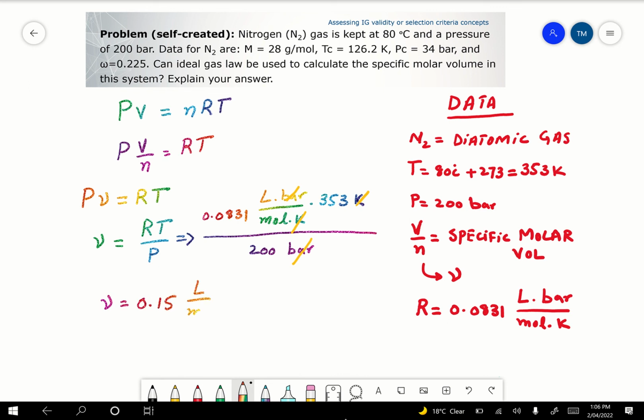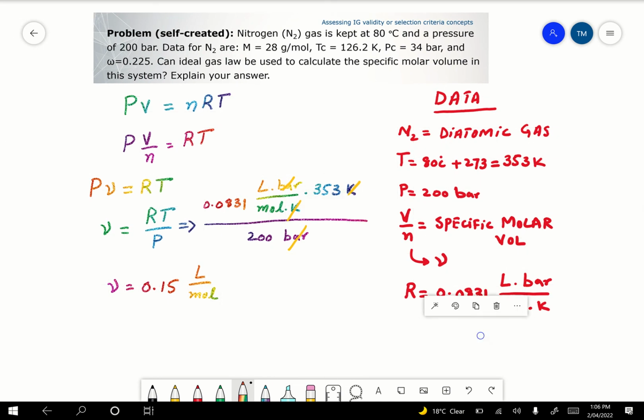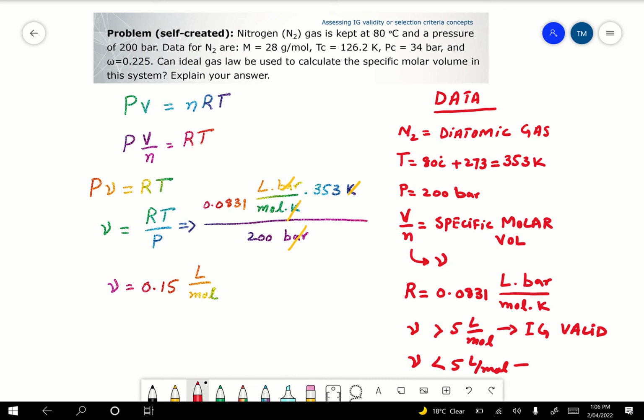liter per mole. And as you know, for diatomic gas, which is nitrogen, if specific molar volume is greater than 5 liter per mole, in that case ideal gas law is valid. And if specific molar volume is less than 5 liter per mole, in that case we have to use real gas equation of state.